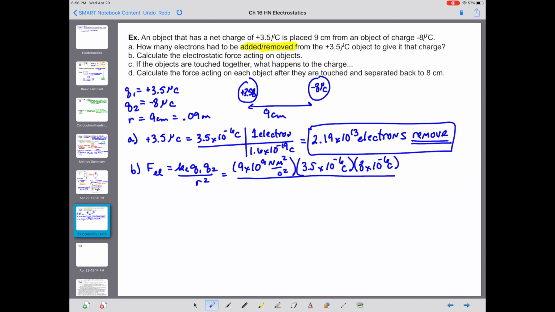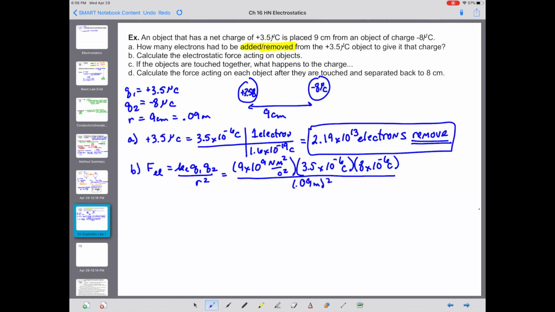Notice I only plugged the magnitudes of the charges in. I didn't plug the plus or minus. We're going to be able to tell whether they attract or repel based on those signs, but it doesn't give us any other information about the force, and that's why I have left those signs off. And then over our distance squared, 0.09 meters squared.